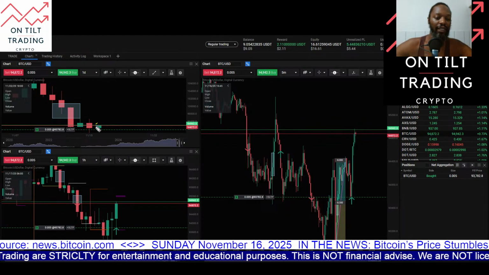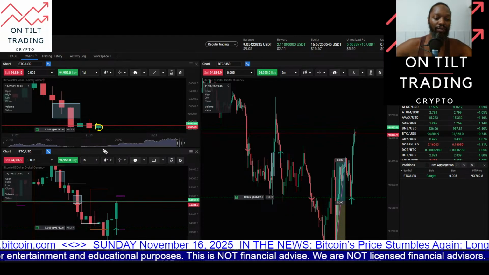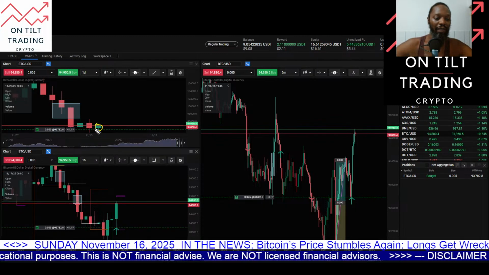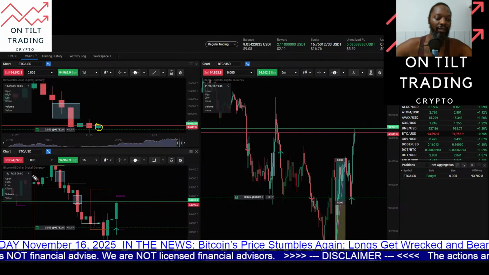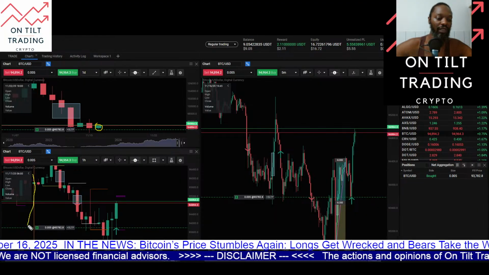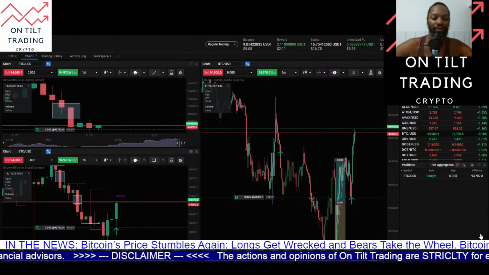So even though this candle is a new day based on the crypto market, based on my time-based system, this is the new day here.